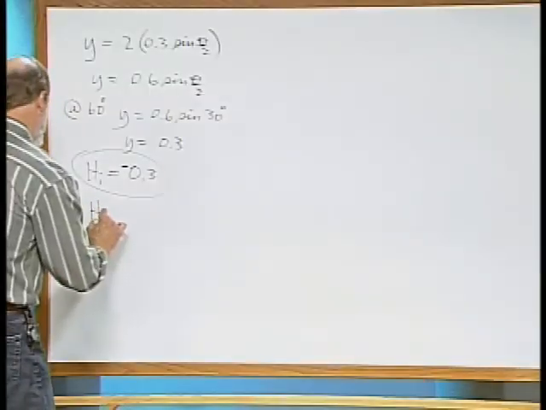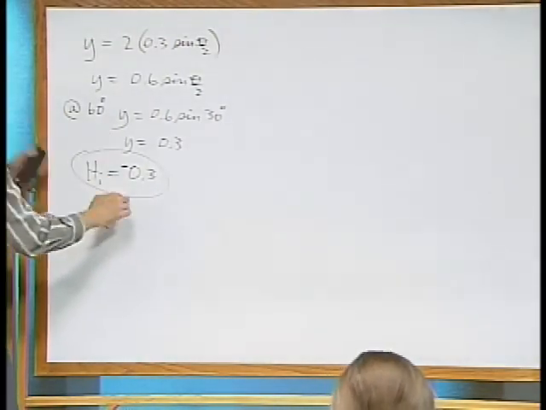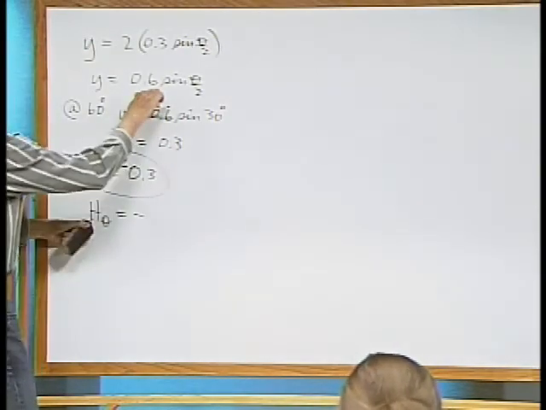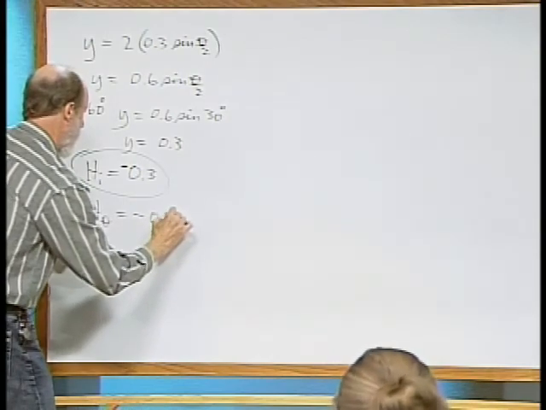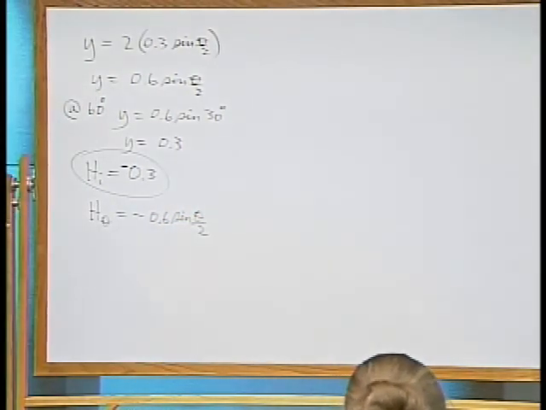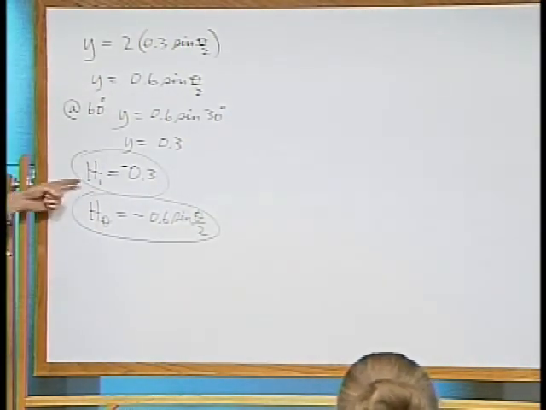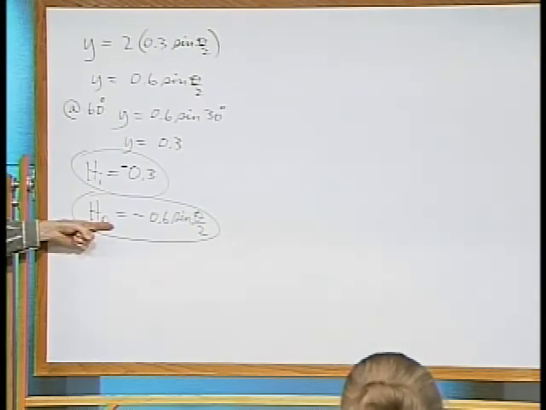So the H sub theta in our energy equation is going to be the negative of this 0.6 sine of theta over 2. So that takes care of the 4 kilogram mass's values we need in our equation.